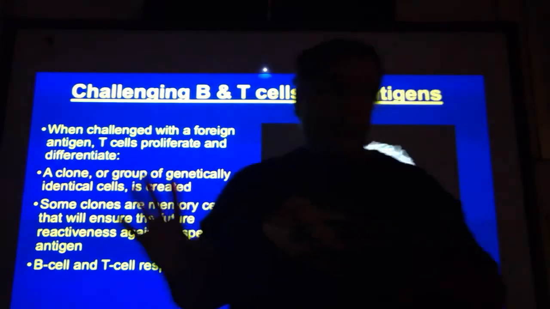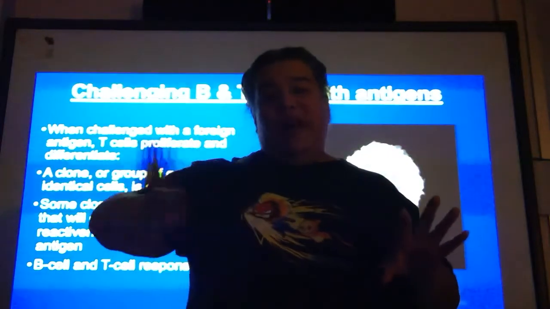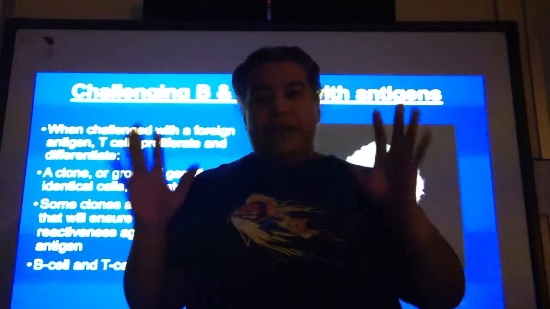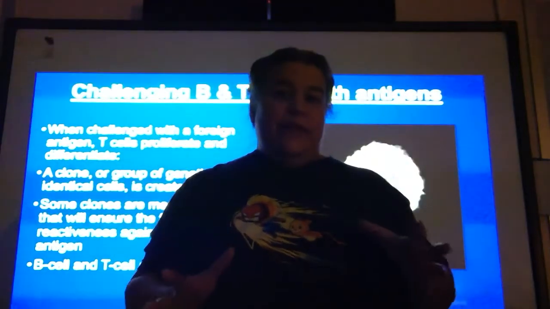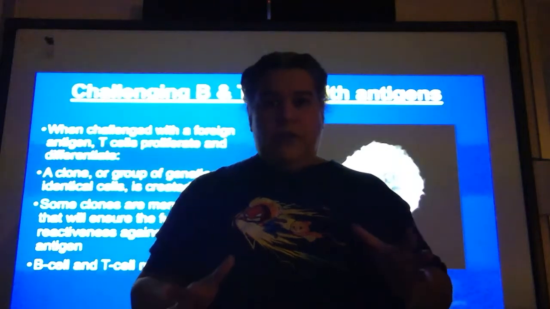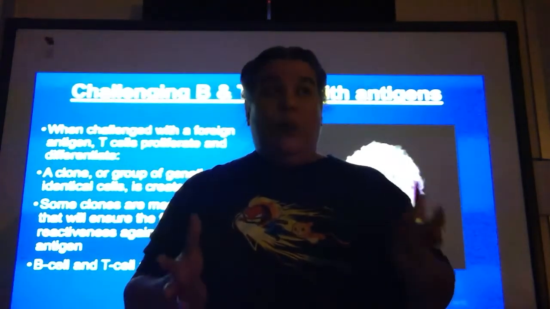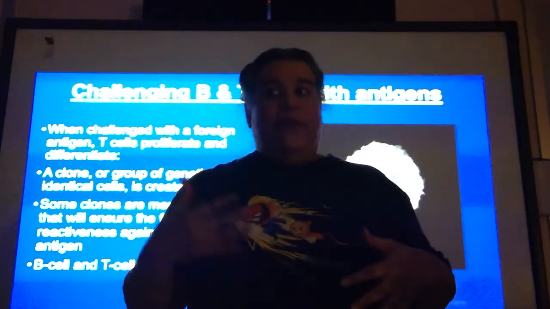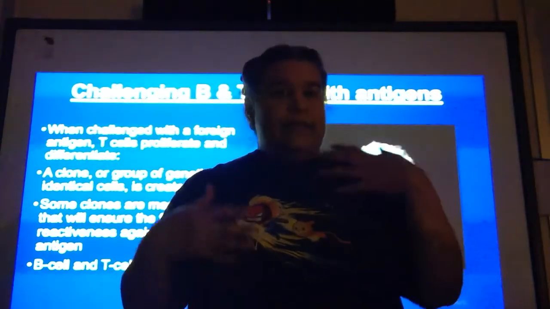One population is going to be called memory cells. Memory cells go into hibernation and they wait. They don't do anything during this infection that we're dealing with right now. The second set of cells will be called effector cells. Effector cells have a job to do. Now, what that job is depends on what it's being made into, whether I'm a helper T cell or a cytotoxic T cell.